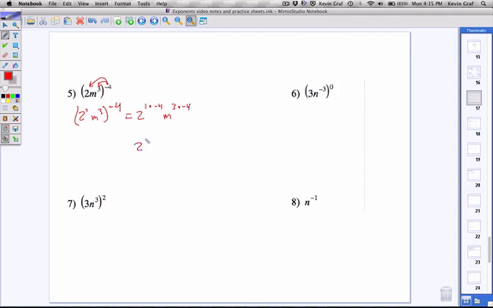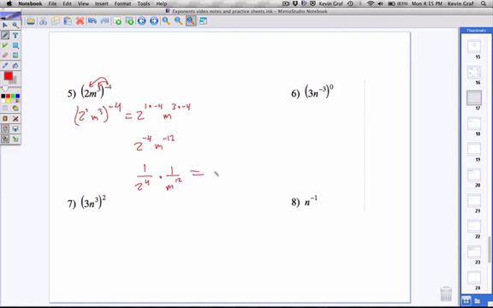And that's a 2 to the negative 4, and an m to the negative 12. And then since both of those are negative, they're going to flip down to the bottom. So I'm going to put a 1 on the top, 2 to the 4 on the bottom, 1 on the top, m to the 12 on the bottom.